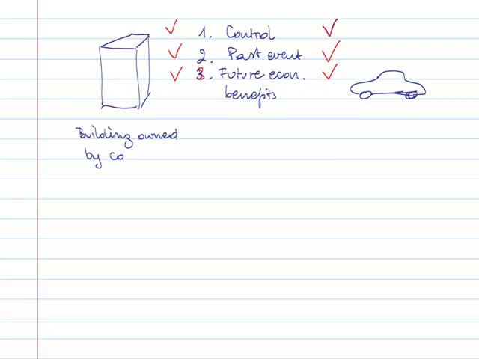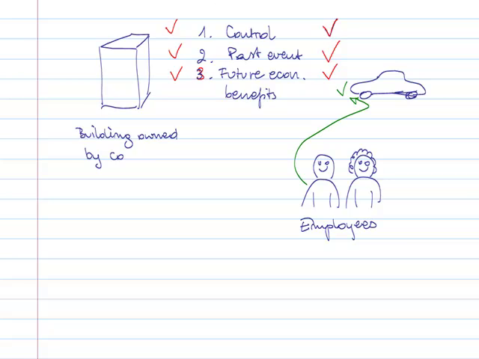On the other hand, let's look at someone else whom you might be familiar with. And yes, these are all happy employees. This time, let's try and work it backwards. Will we have future economic benefits from employees? Yes. Was there a past event? Yes, we signed a contract with them.